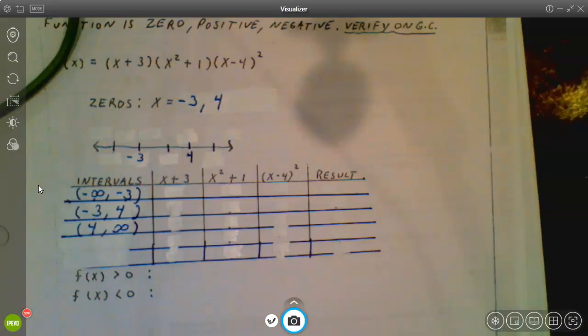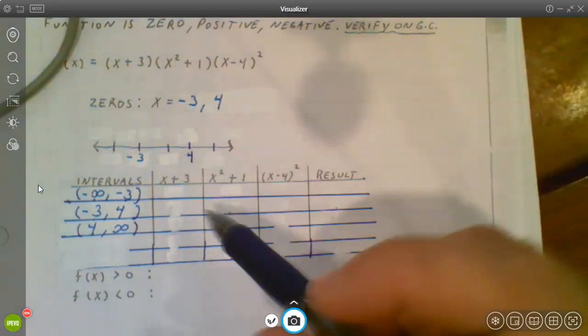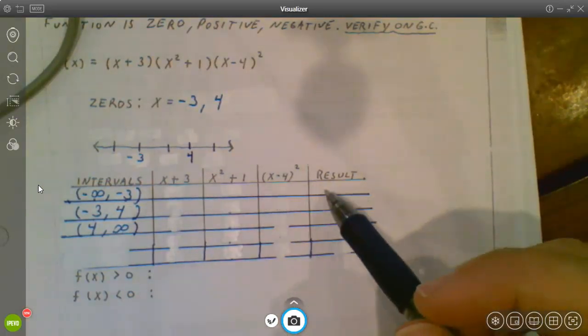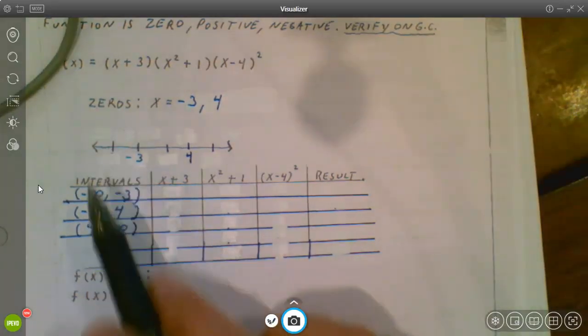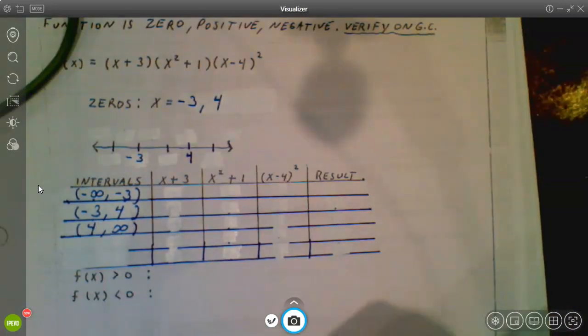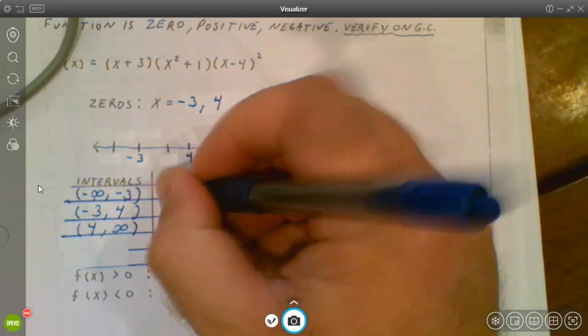Those are the three areas of the graph that we have to determine whether they are positive or negative. So what we're going to do is test some signs here. We're going to look at each factor at a time, and then we'll look at the overall result. If I pick a number anywhere from -infinity to -3, such as -4, plug it in for x, I would get a negative result.